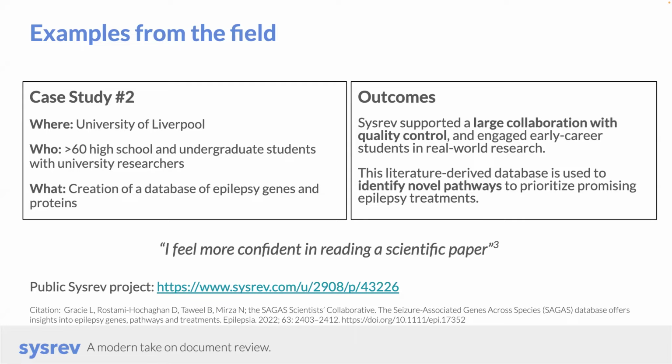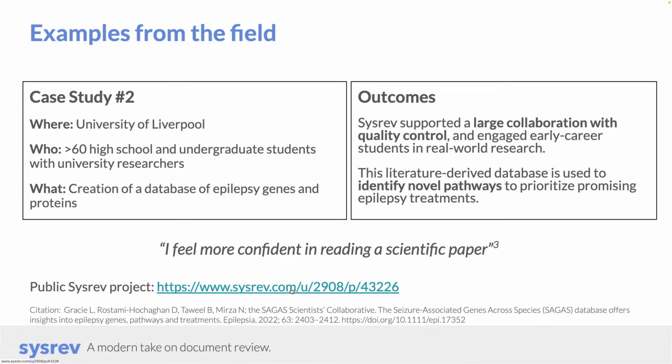So here they were extracting data from journal articles that created this database that is now a really useful tool for researchers to identify novel pathways toward promising epilepsy treatment. So really interesting use case, again, giving students an opportunity to engage in research in a meaningful way.